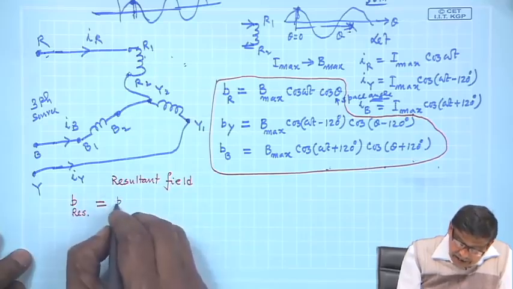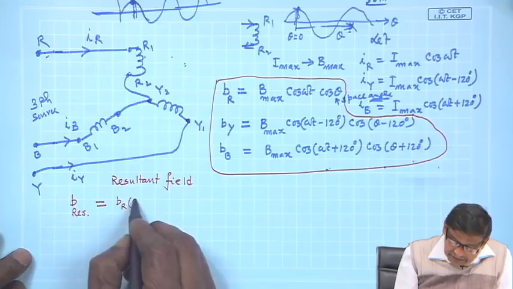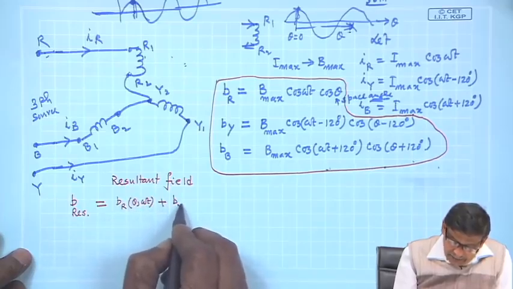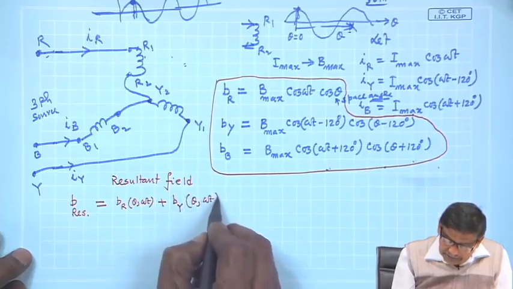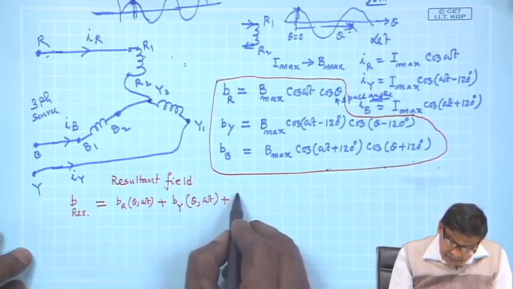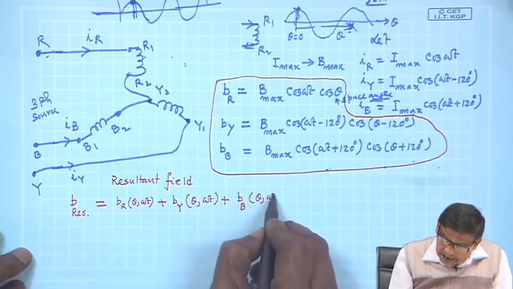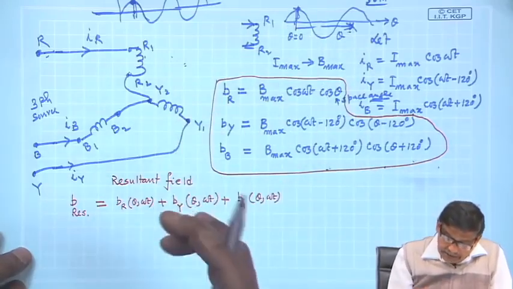is equal to B_r, which is a function of theta and omega t, plus B_y, this is also a function of theta and omega t, and plus B_b, this is also a function of theta and omega t as depicted here. These three terms you have to add.